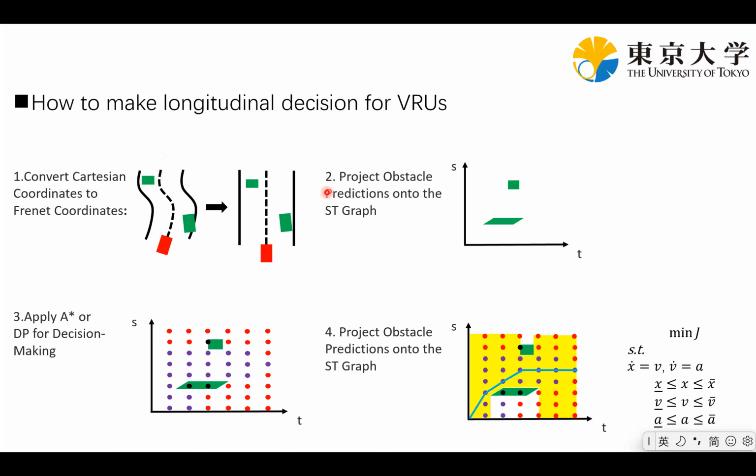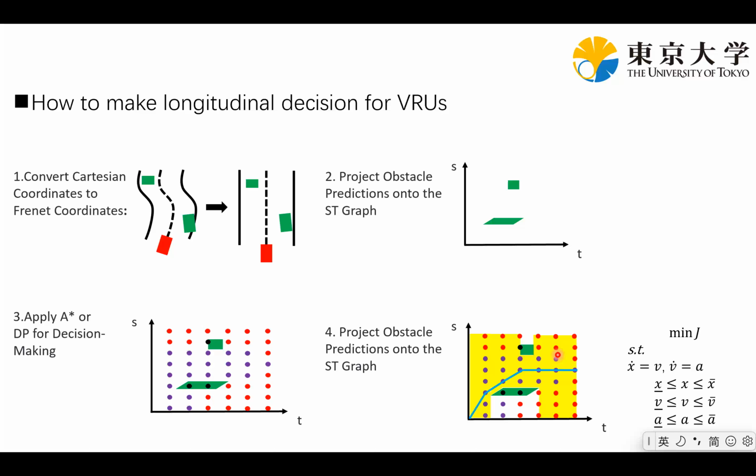Next, project the predicted trajectory of VRU onto the ST graph. Methods such as A-star or dynamic programming are used to search in the ST graph and carve out convex space. The yellow patches are the convex space. The convex space serves as one of the solution spaces for longitudinal planning.